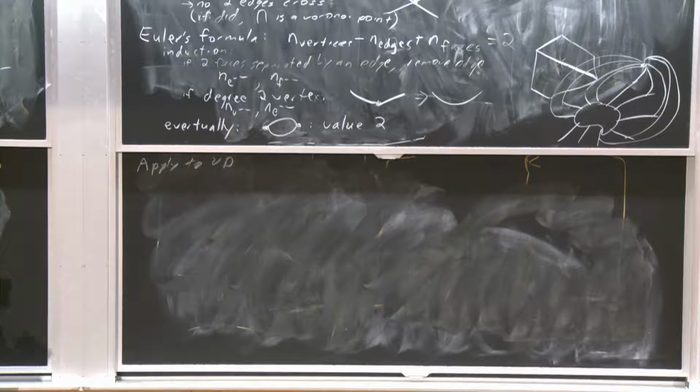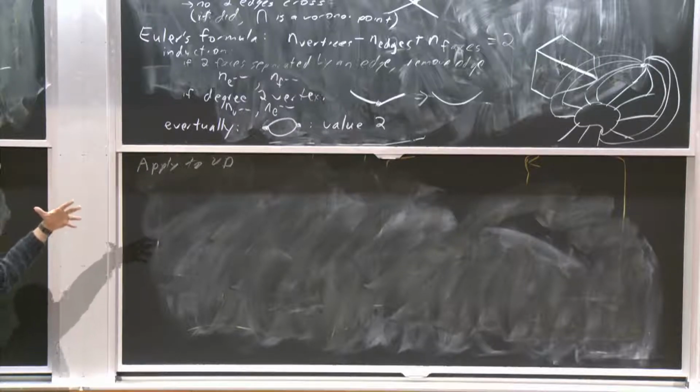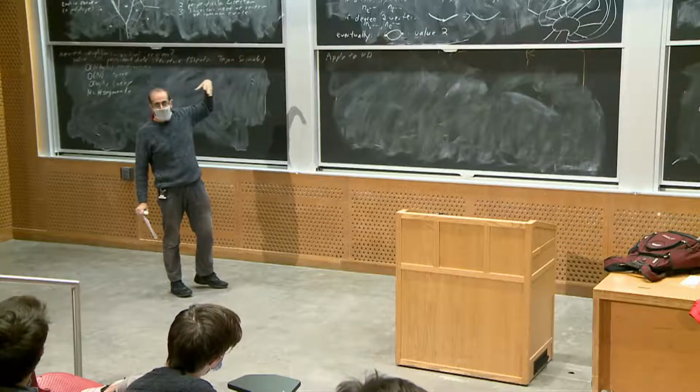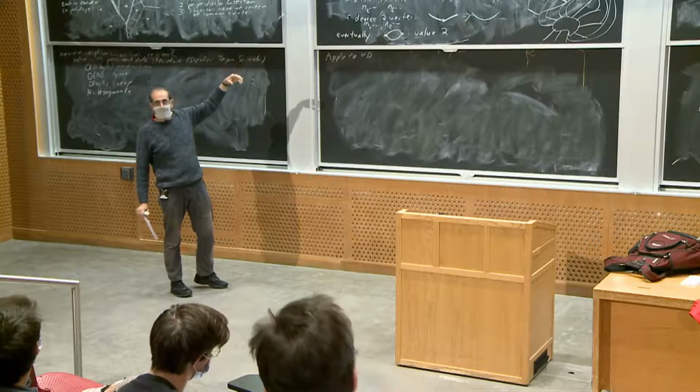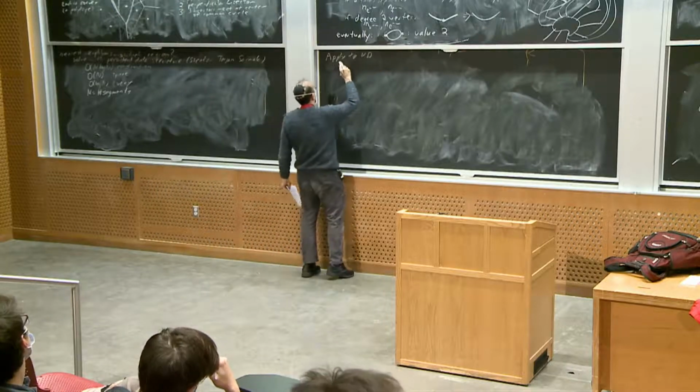So we need to understand in the Voronoi diagram what corresponds to the number of vertices, number of edges, and number of faces. I'm going to be careful to talk about sites of the Voronoi diagram as opposed to vertices of the Voronoi diagram. So what are the vertices of the Voronoi diagram?